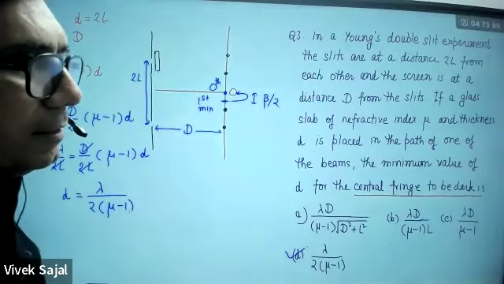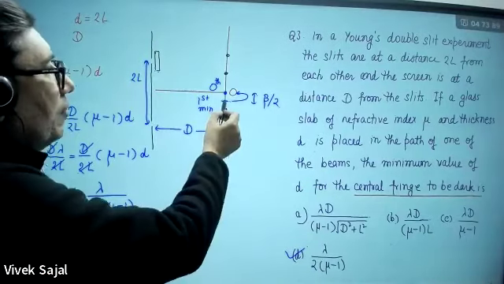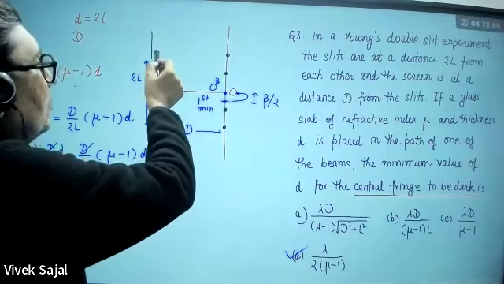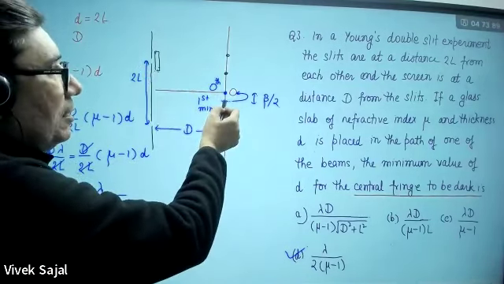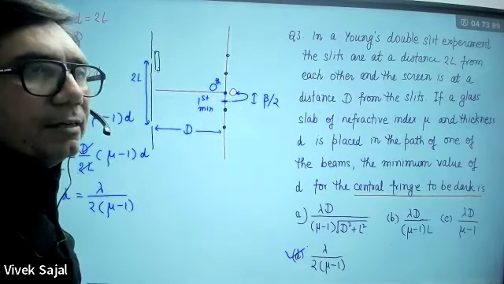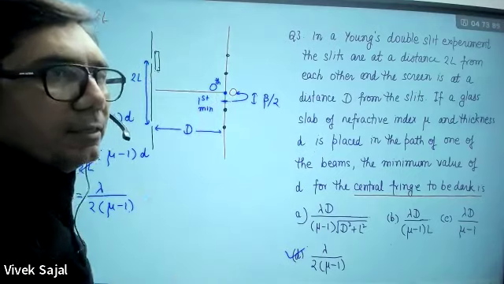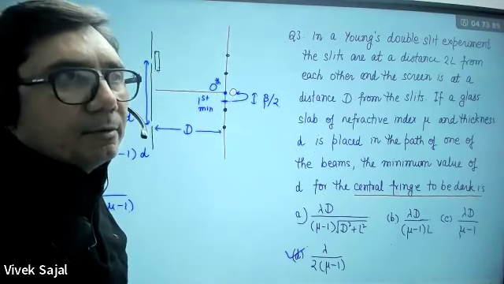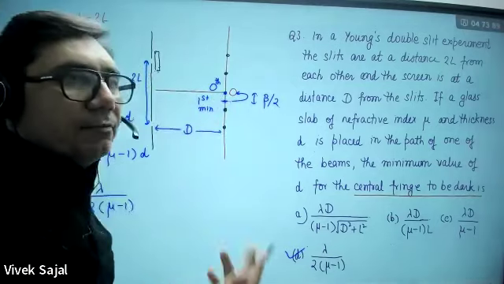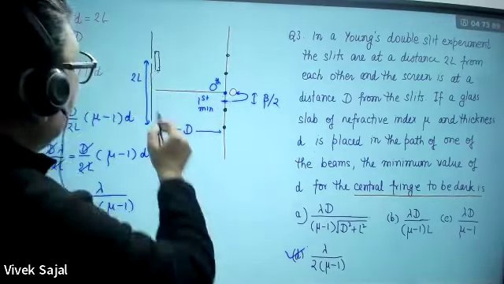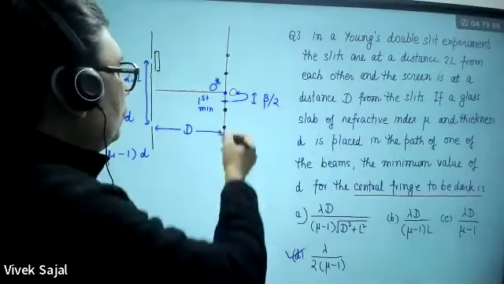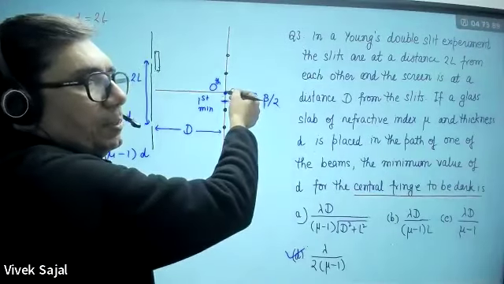In another way, you can think, if you are saying the first minima is positioned here, due to the introduction of this slit, you are saying this first minima is now positioned here at the center. So what is the path difference at the center if the first minima is there? That will be lambda by 2. Earlier, without this, at this point, path difference was 0. But when you introduce the glass plate, this introduces an extra path due to which now here you are getting the first minima.